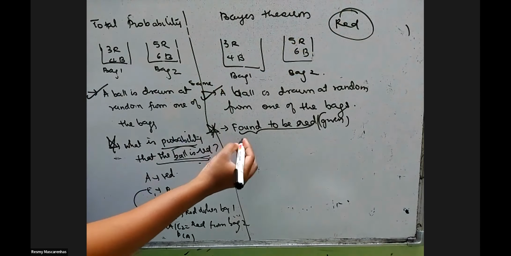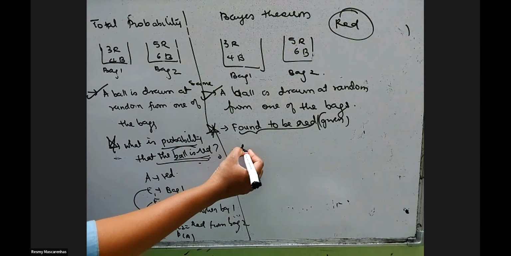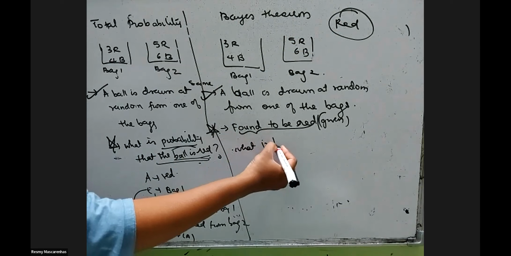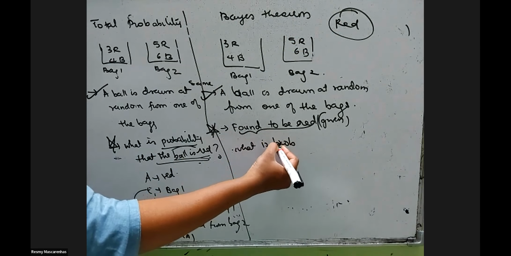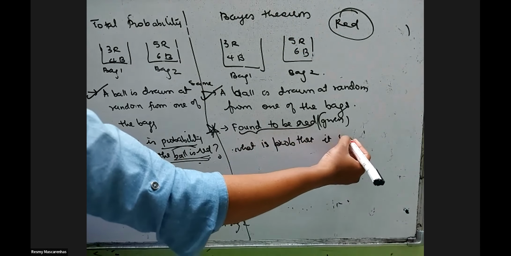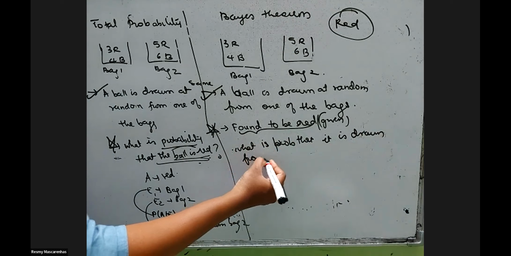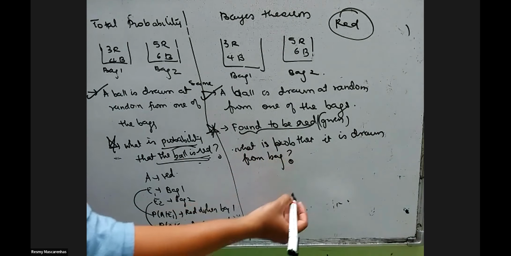The data is still the same. The question is, what is the probability that it is drawn from bag 2?